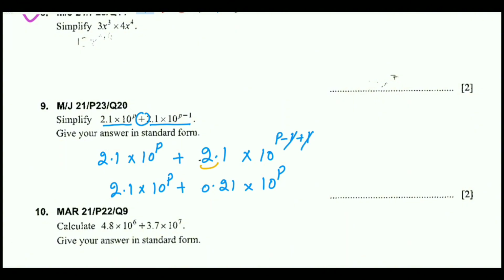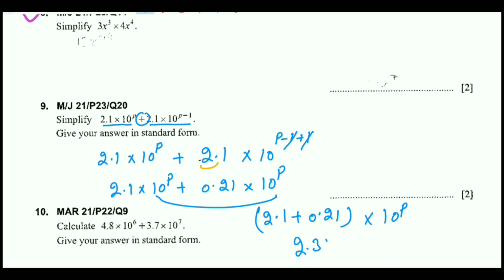The 1 and 1 will be cancelled. So now you can see these are the same, and now you can write 2.1 plus 0.21 in one bracket, multiply 10 raised to power p written once. So 2.1 plus 0.21 is 2.31 multiply 10 raised to power p. So this will be your final answer.